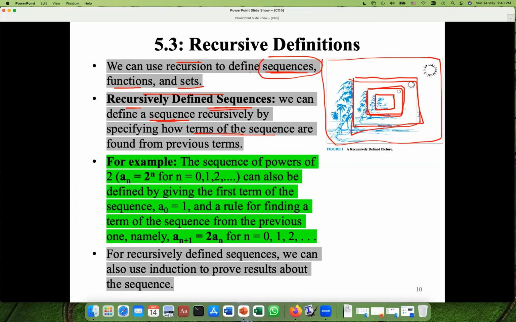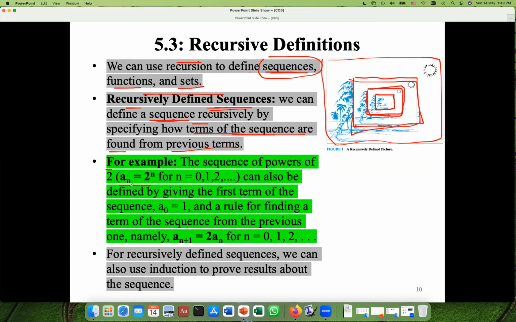By specifying how terms of the sequence are found, how you will find the terms of the sequence from previous terms. So if you have a sequence, you can define that sequence. How? You can use the previous term, and using that recursive formula over that sequence, you can get that sequence. For example, here we have the sequence of powers of 2. This is given to you.